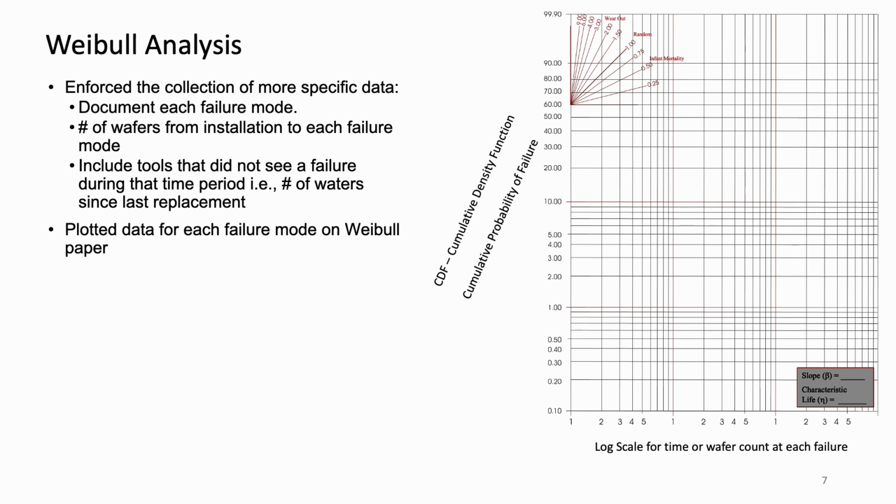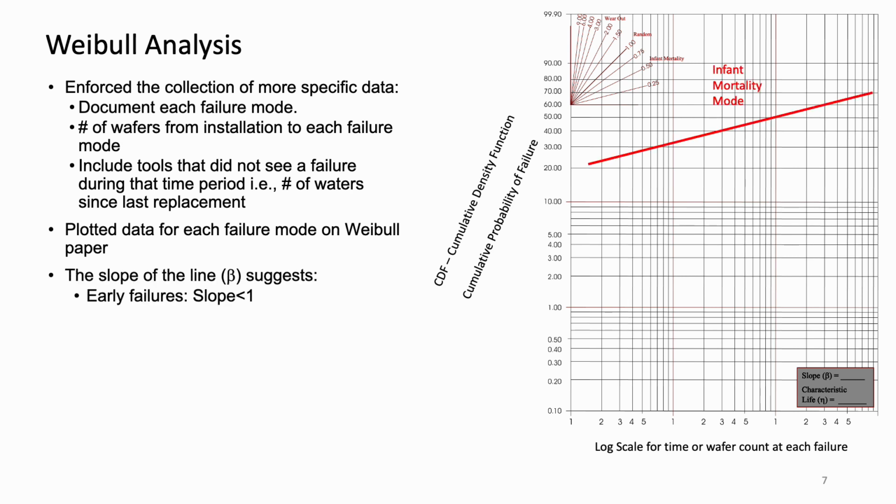We plot data for each of these failure modes on special Weibull paper, where the y-axis is the cumulative probability of failure, and the x-axis is a log scale used for time or wafer count at the occurrence of each failure mode.